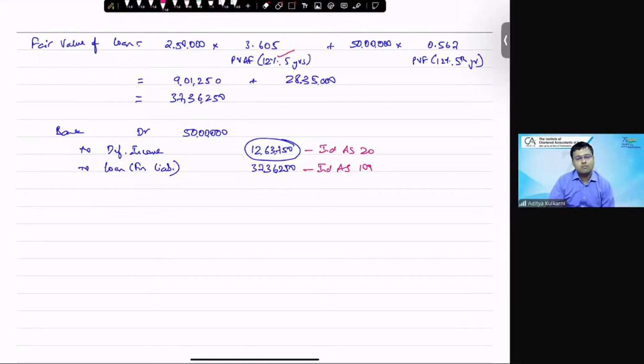Entire 12 lakh 63,750 will go to P&L immediately. Yes, immediately. So option 1, 12 lakh 63,000 will straight away go and hit the profit and loss account as income because it is something related to an event which has already happened. तो अभी urgently पैसों की जरूरत है, तो 12.64 lakhs will be taken to the P&L immediately as income. So that is the first case.